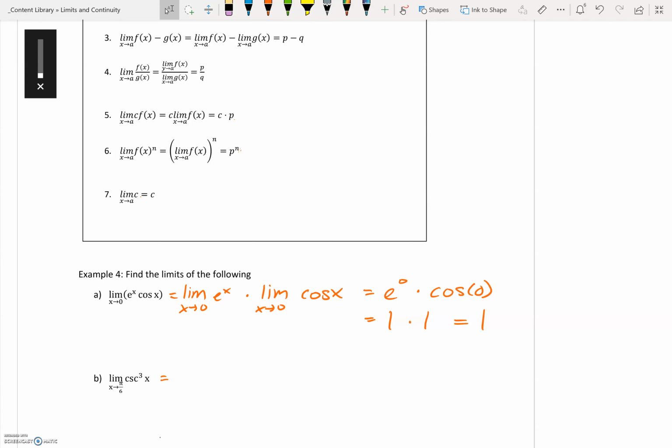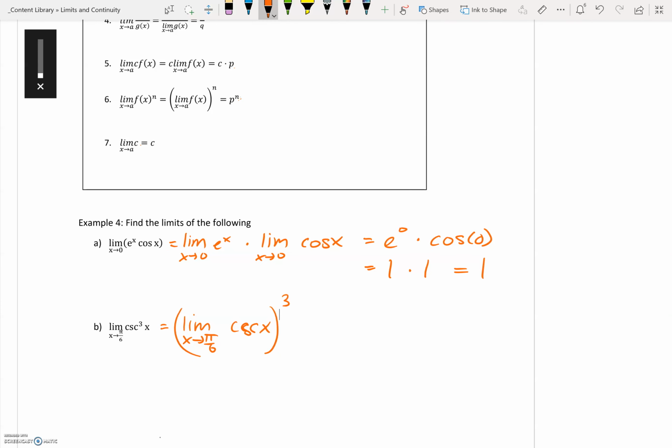For the next one, this would follow from our 6th property. So we're going to take that power out, that cube power, and we're going to evaluate the limit on the inside first before we cube it. So what we're looking for here is cosecant pi over 6 cubed.